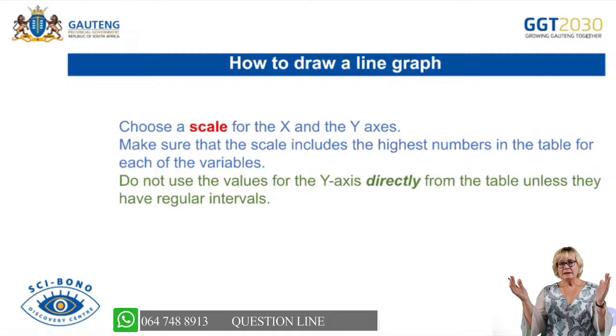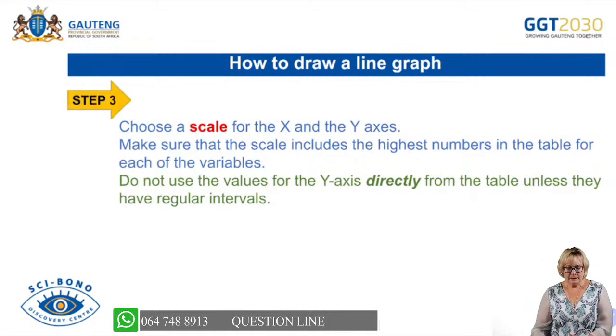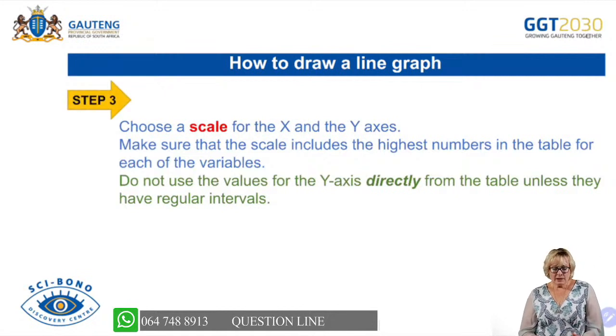Then you choose, I'm going to count in what? I'm going to count in twos or in ones if you have enough space to draw a big graph, or in fives, all right, so that I can fit all those values that they are giving to me onto my axis. So this is step 3. All right, you're going to choose a scale.